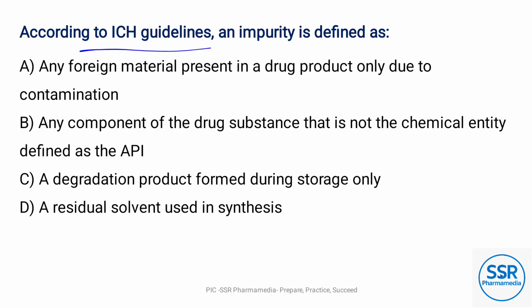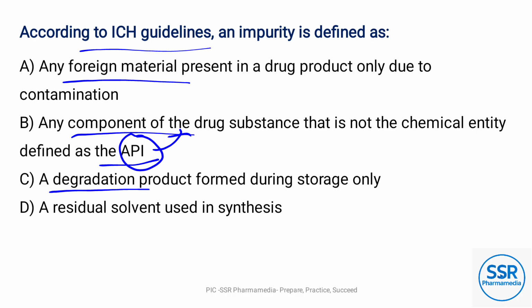According to the ICH guidelines, an impurity is defined as any foreign material present in a drug product due to contamination. Any component of the drug substance that is not the chemical entity defined as the API. So other than the API, any chemical substance present is called an impurity.